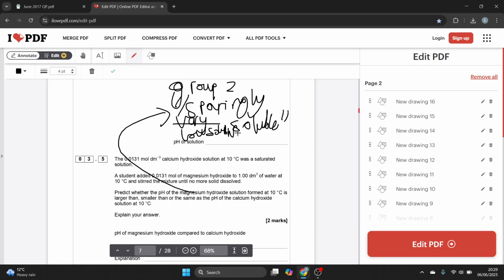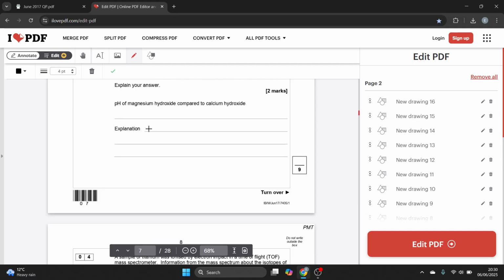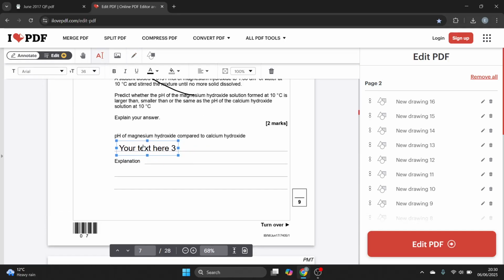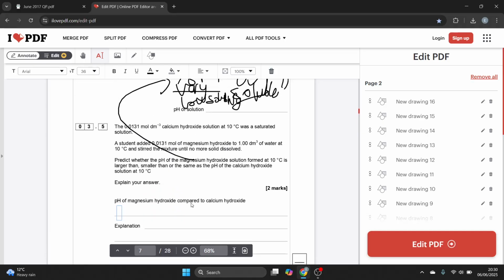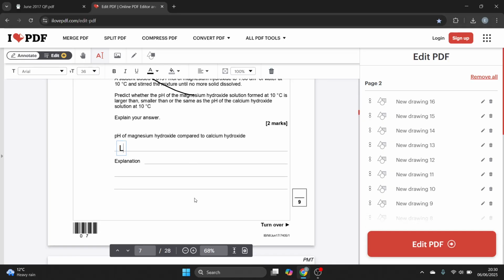So how can I apply that to the question? Well, I'm going to have a lower pH, because what it says is that I'm adding magnesium hydroxide to 1 centimeter cubed of water. I'm going to have a lower pH because magnesium hydroxide is sparingly soluble.